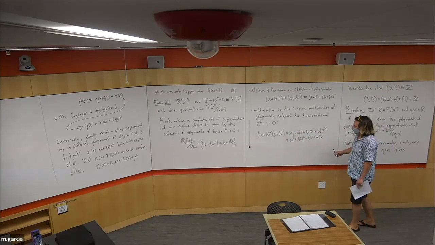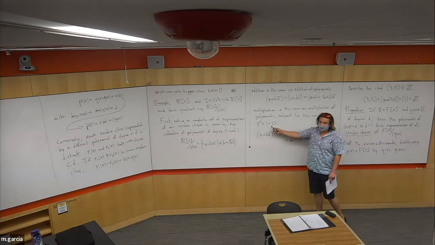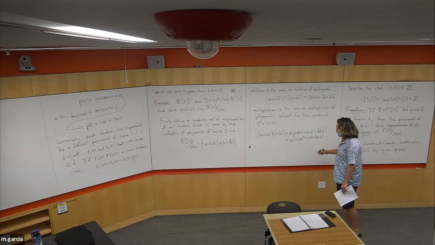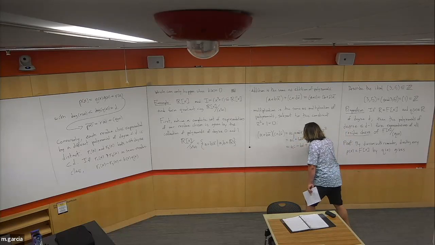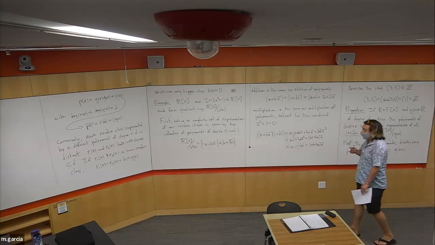Now, here's where this relation comes in. X bar squared is equal to -1, right? So I'll just plug that in here. AC minus BD plus AD plus BC x bar.